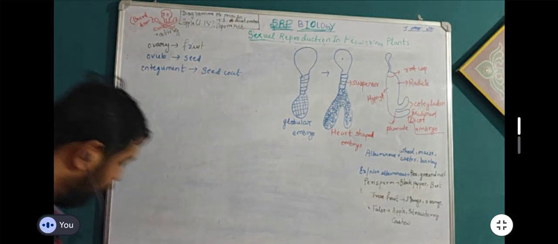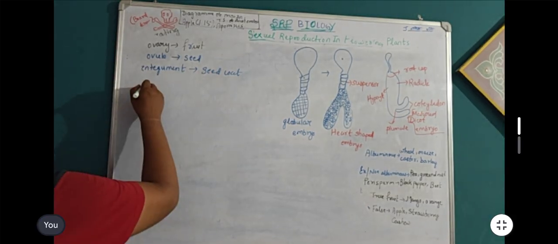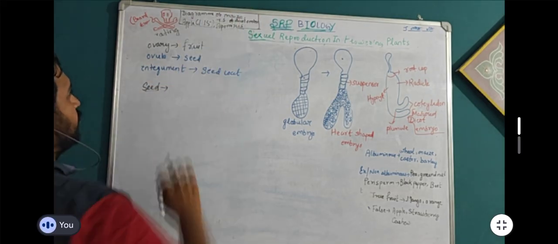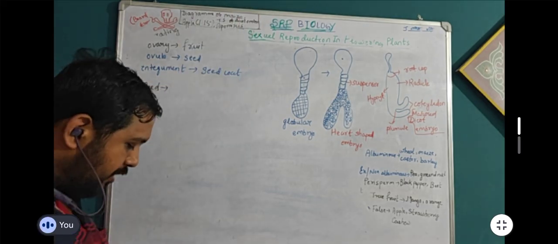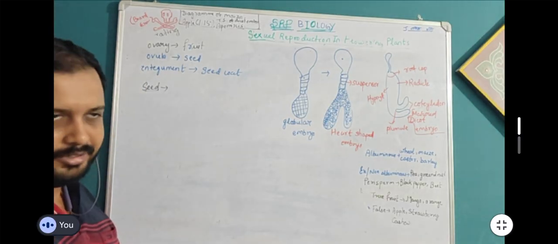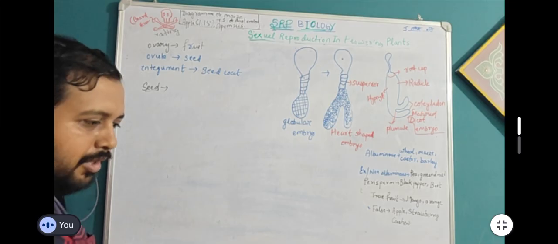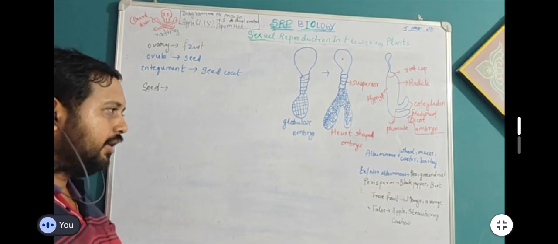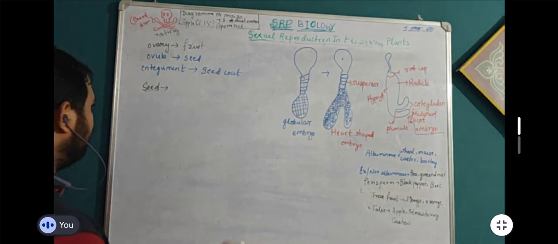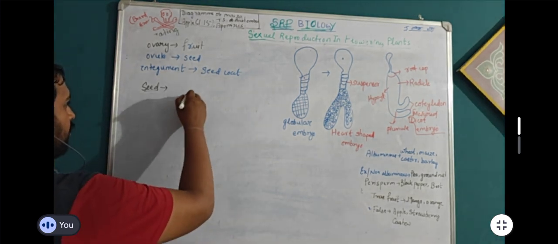Okay, so here you can see seed. Here I have already told the structure of maize. When we generally discuss the structure of seed, we take the example of a dicot seed, like groundnut, or you can see gram. So such type of seed we take as an example. If I draw it, you can see it in the book also, it is given like this.